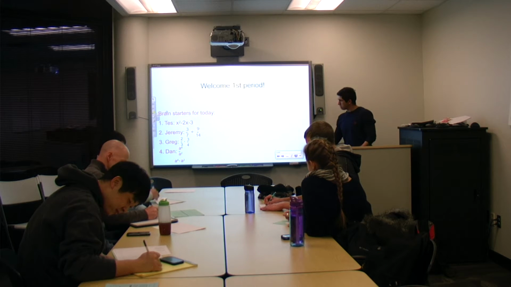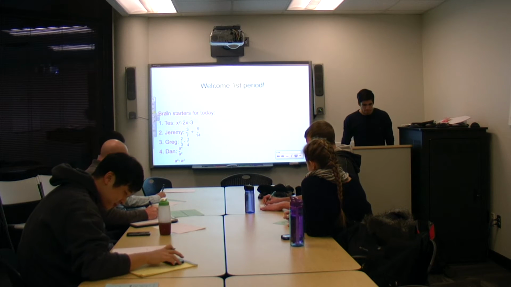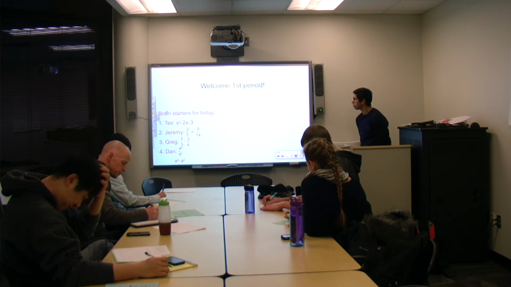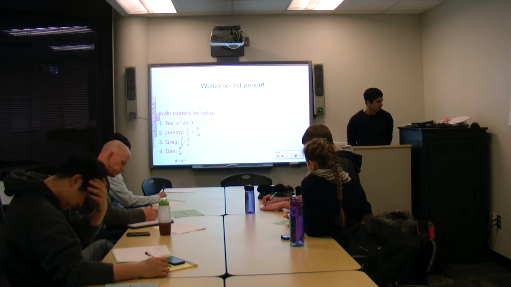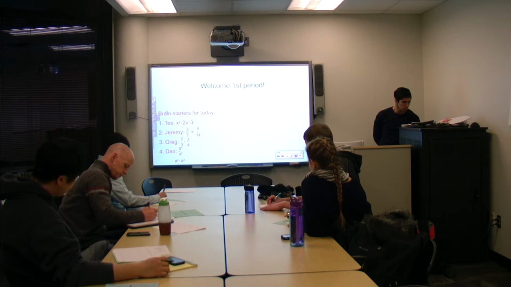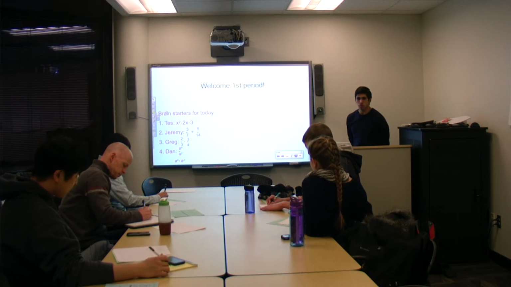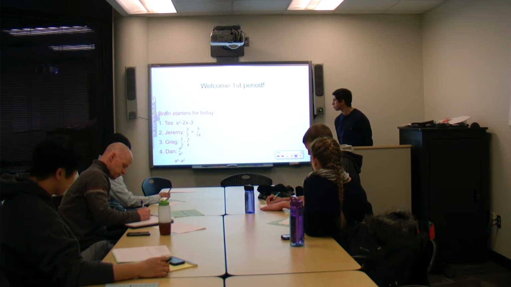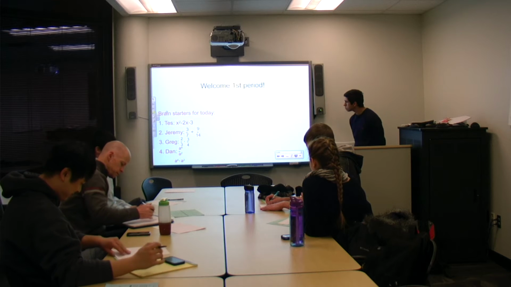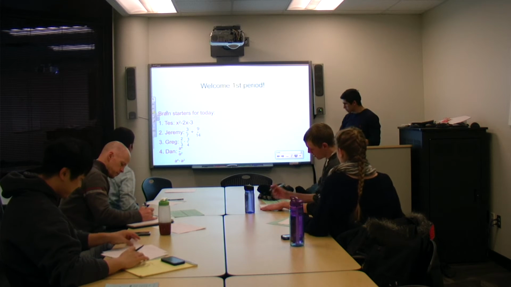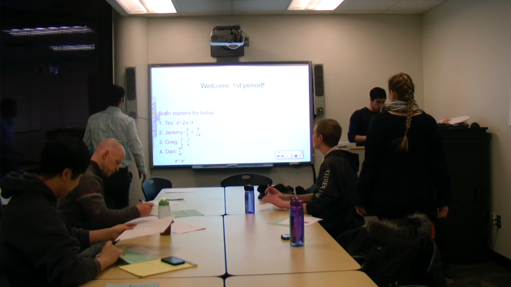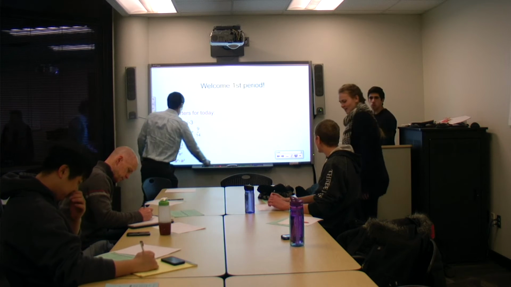And then we'll go over those real quick. When you guys are done, you have to come up to the board, write down your answers. We'll quickly go over those. You can write two at a time.